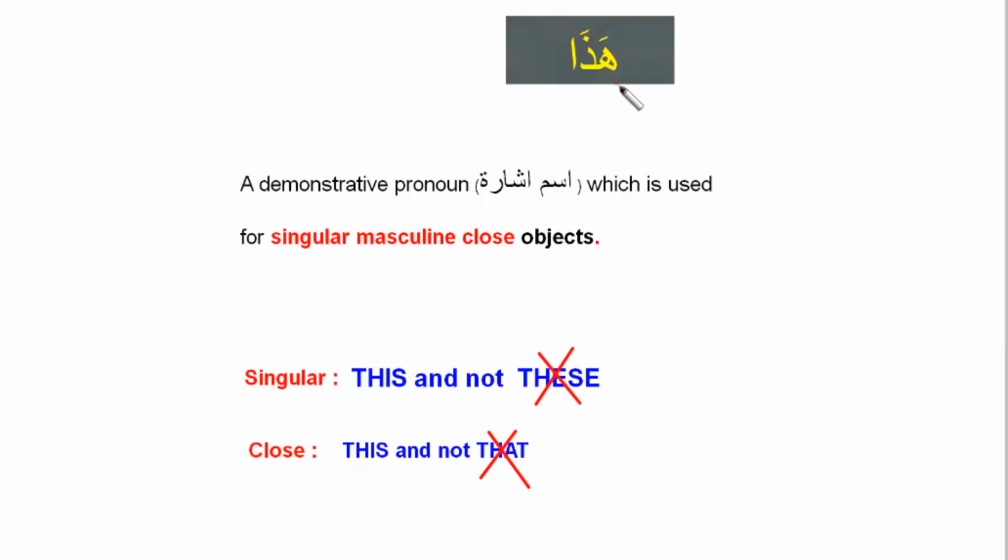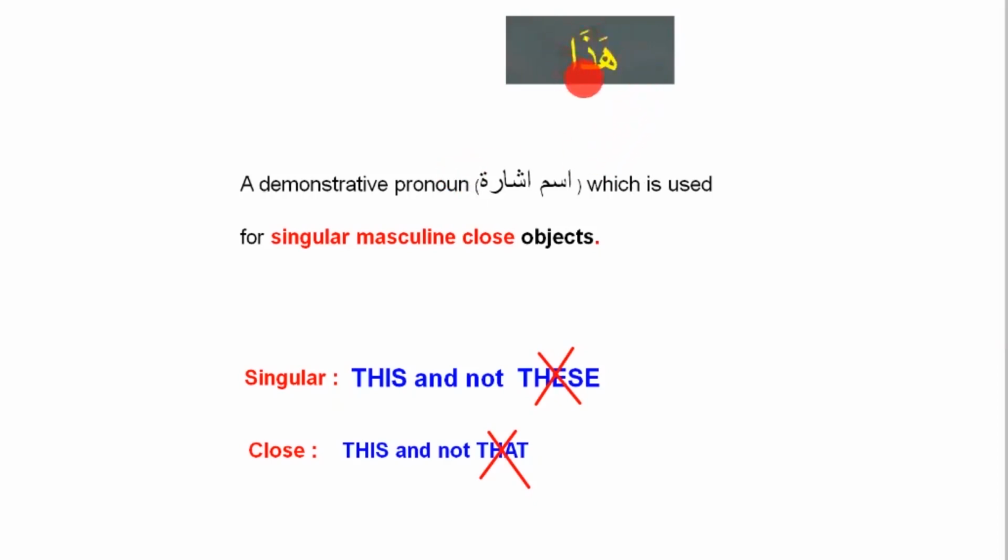And while you are demonstrating, you use a particular pronoun that is called the demonstrative pronoun, and that is this. So this is what we call ism ishara in the Arabic language. A demonstrative pronoun, this or that or those or these, all those are what we call ism ishara. So they are called demonstrative pronouns.